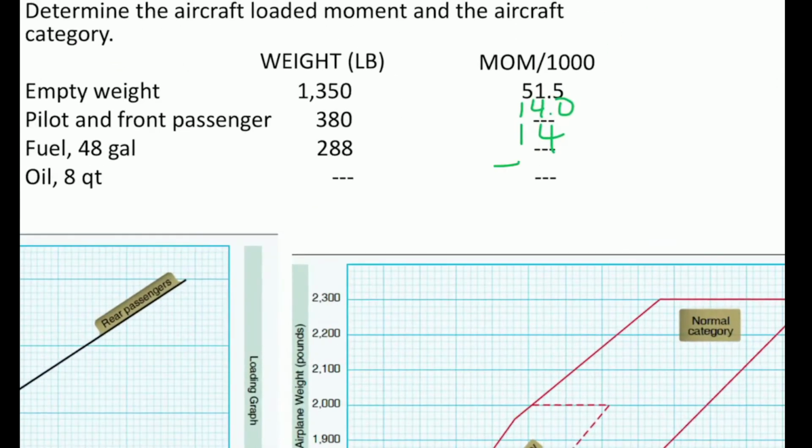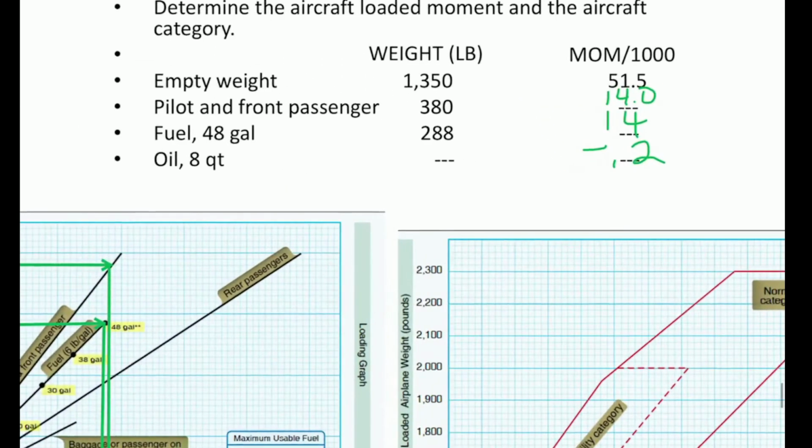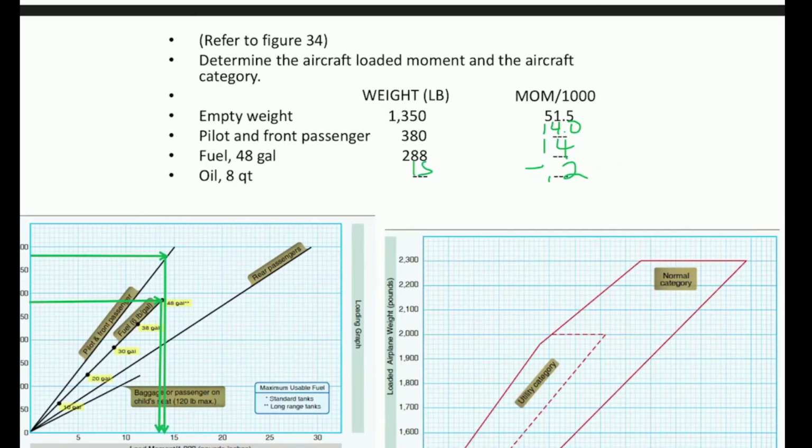So we'll put negative 0.2 and 15 pounds. All right, that gives us our total weight of 2033, and our moment is 79.3.